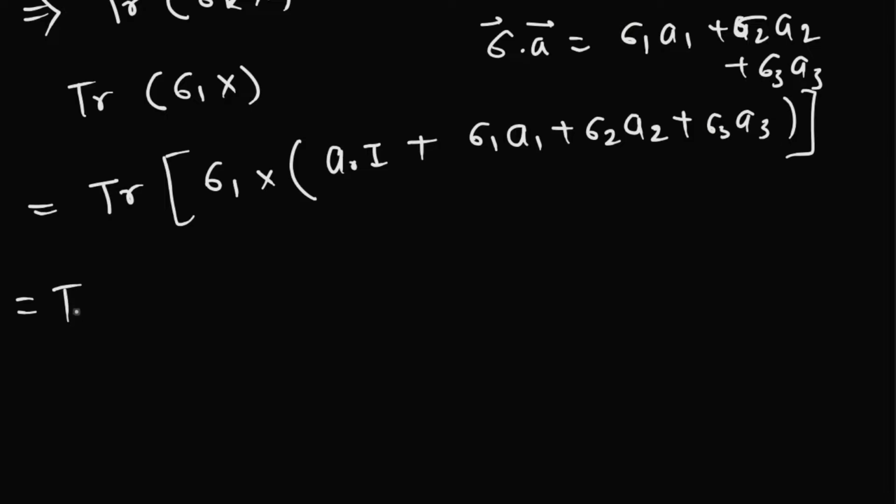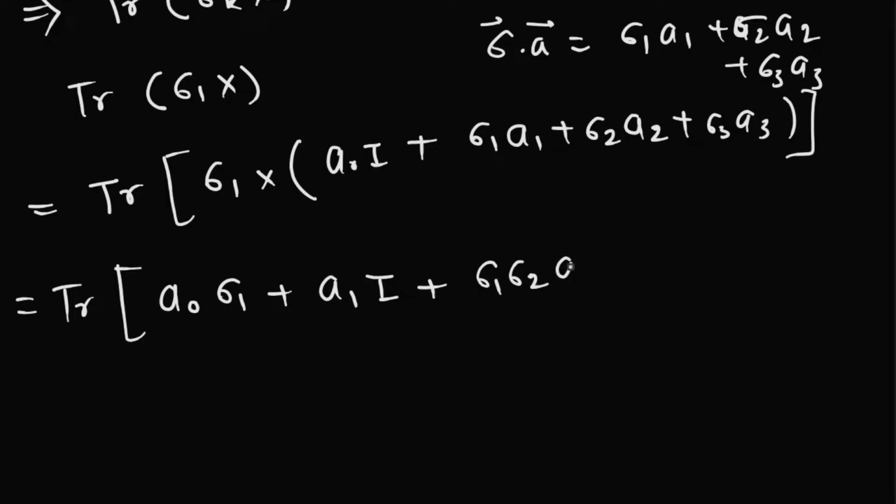This is equal to trace of a0 sigma 1 plus a1 times the identity operator plus sigma 1 sigma 2 a2 plus sigma 1 sigma 3 a3.